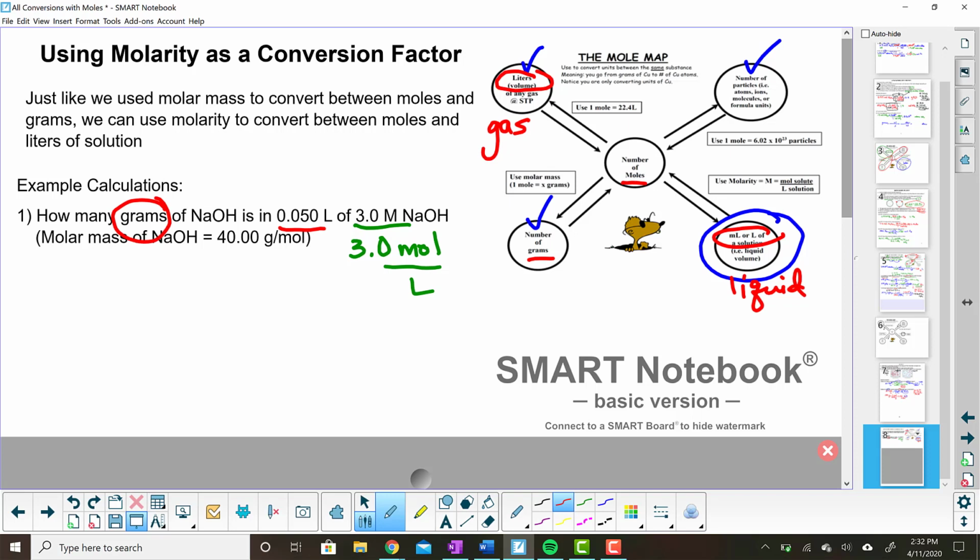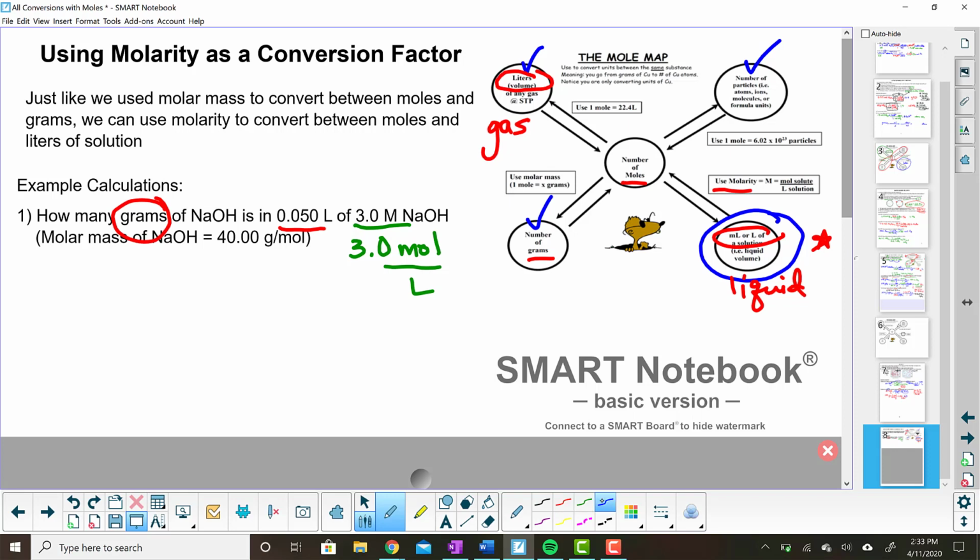If I can go from the volume, from my 0.05 liters, I can convert that to moles using my molarity, and then go from moles to grams using the molar mass. So that's our game plan here. We're going to go from volume to moles and then to grams.